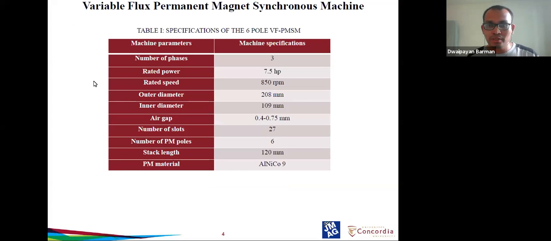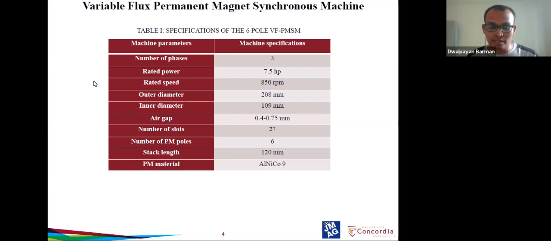The detailed specifications of the variable flux PMSM are shown in table 1. This is a 3-phase, 7.5 HP, 27 slot, 6-pole variable flux PMSM. The air gap of the variable flux PMSM varies from 0.4 millimeter in the d-axis to 0.7 millimeter in the q-axis.